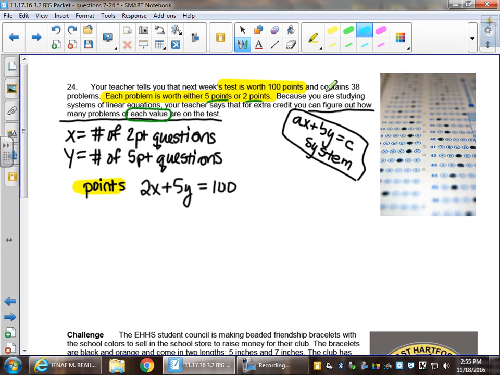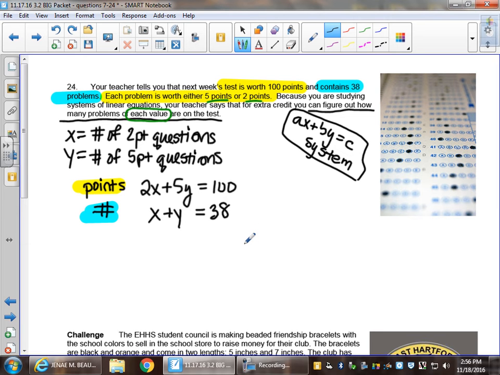The only other information I have that I have not used yet is that it contains 38 problems total. That is information about the number of questions on this test. So the number of 2-point questions plus the number of 5-point questions equals a total of 38 questions. We have our system, we're ready to solve.